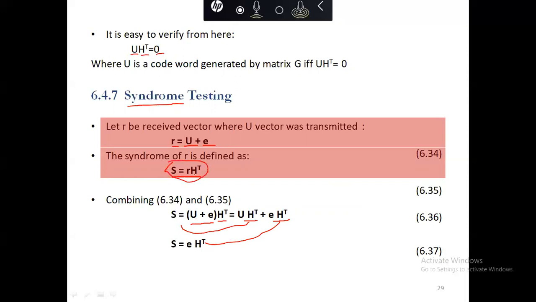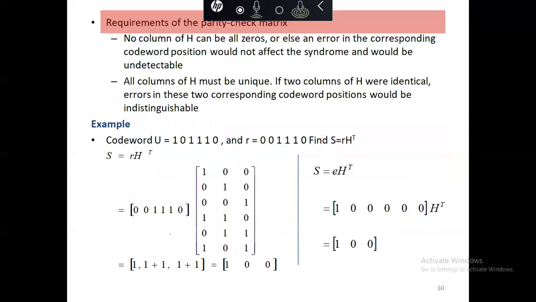The same vector when multiplied by H transpose will give you the syndrome if there is an error, or the error when multiplied by the H transpose gives you the same syndrome value, right? So here we use the lookup table.